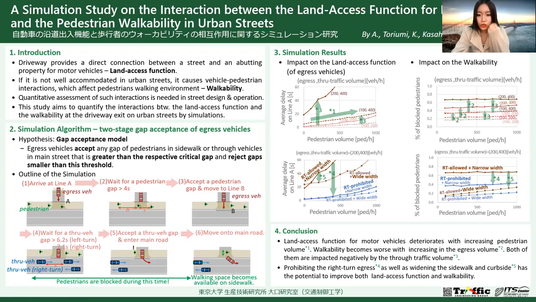So it has the potential to improve both the line of sight function and walkability, just as the figure shows. Changing the right turn from allowed to prohibited can effectively reduce the average delay and also the blockaded pedestrians, just as the figure shows. That's all. Thank you for your attention.